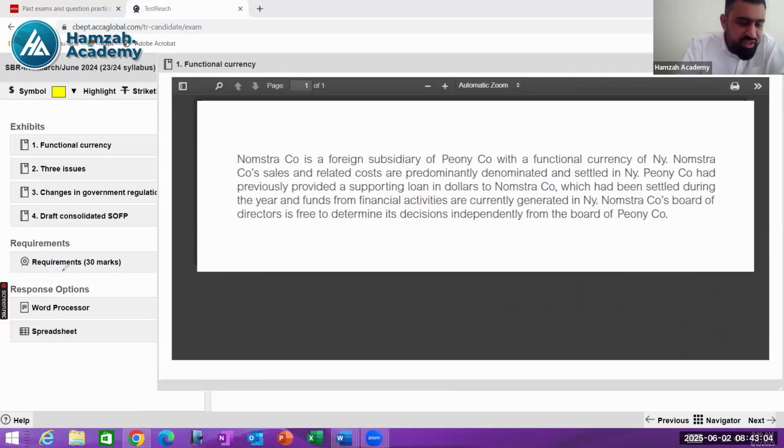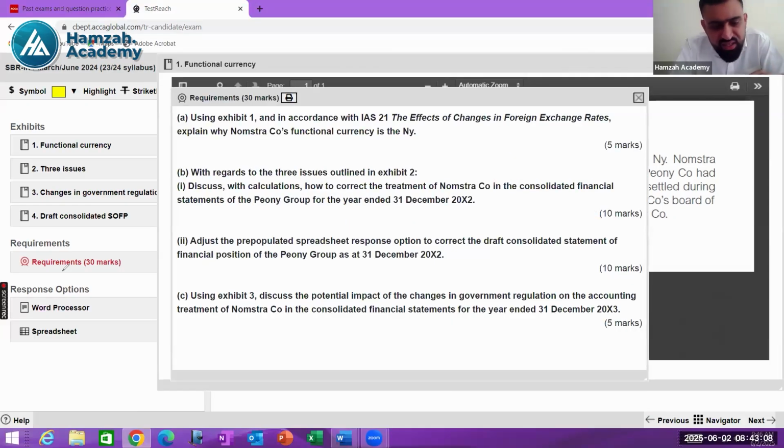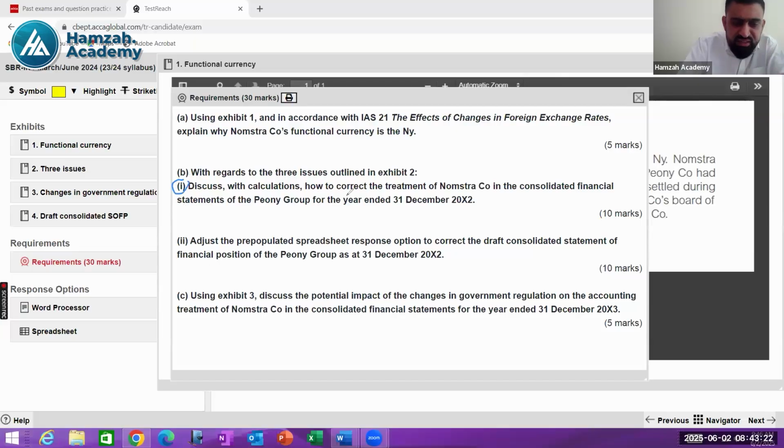So that was the first exhibit. Now moving towards the second exhibit, which is B, in which, using exhibit 2, the first thing you have to calculate and discuss is how to correct the treatment of the Numestra company in the consolidated financial statement of the P group for the year ended 31st December X2.